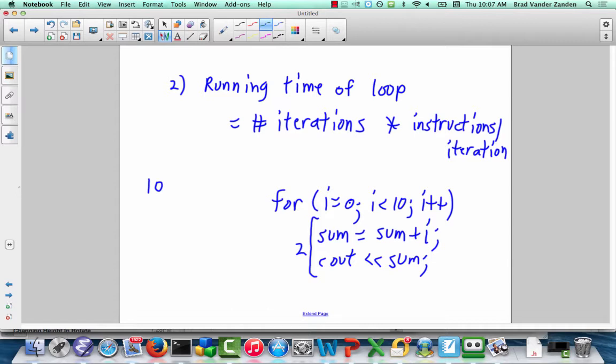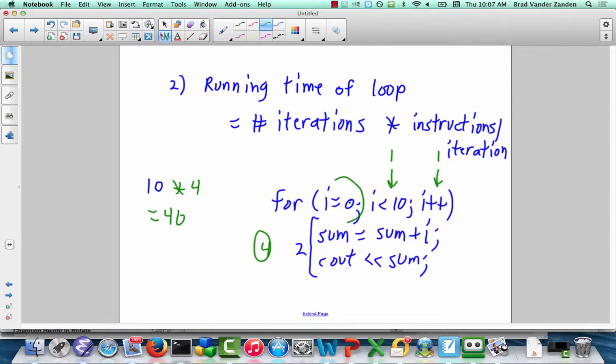That's right, the comparison and what else? And the increment. So not only are the 2 instructions obvious in the loop body executed, but each time there's a comparison operation and an increment operation. So in fact, there are 4 operations total in this loop, and the number of instructions is roughly 40.